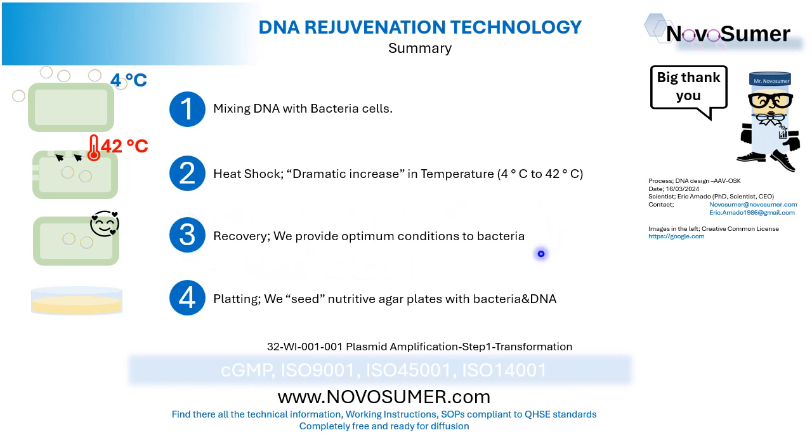And after healing, the fourth step is plating, seeding the cells in plates and giving them optimum conditions, this time to grow. So in the third step they recover, they heal, and in the fourth step they grow as colonies, as you saw in the previous picture. And these colonies have the DNA that we want inside.